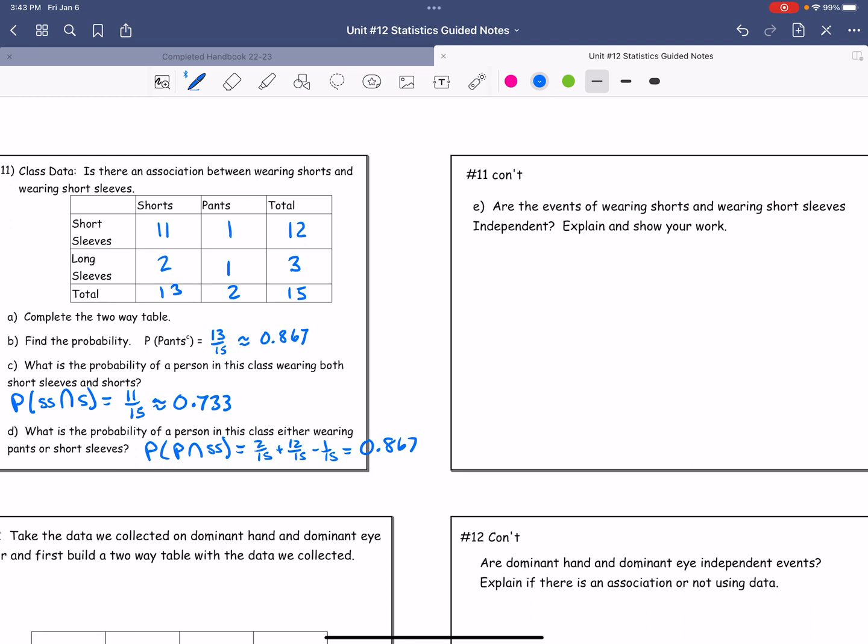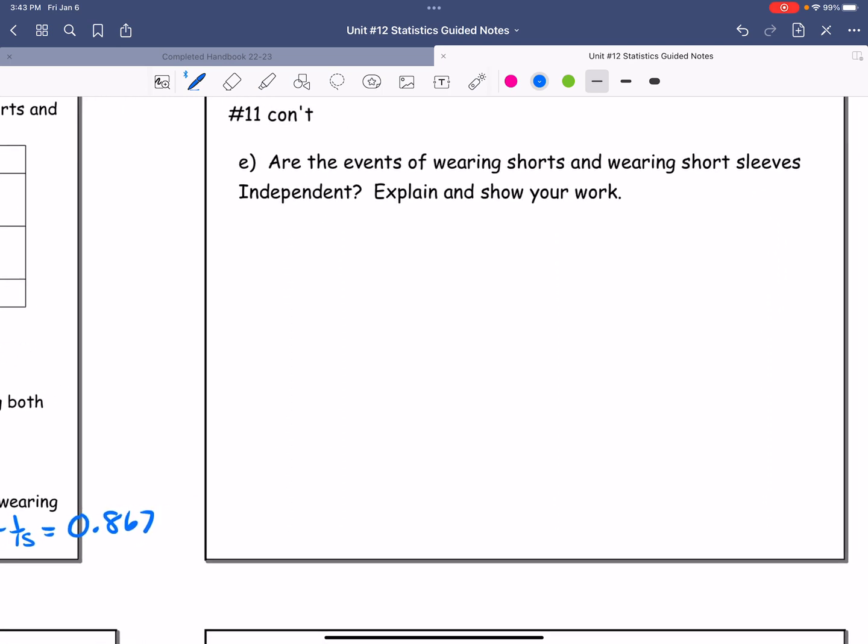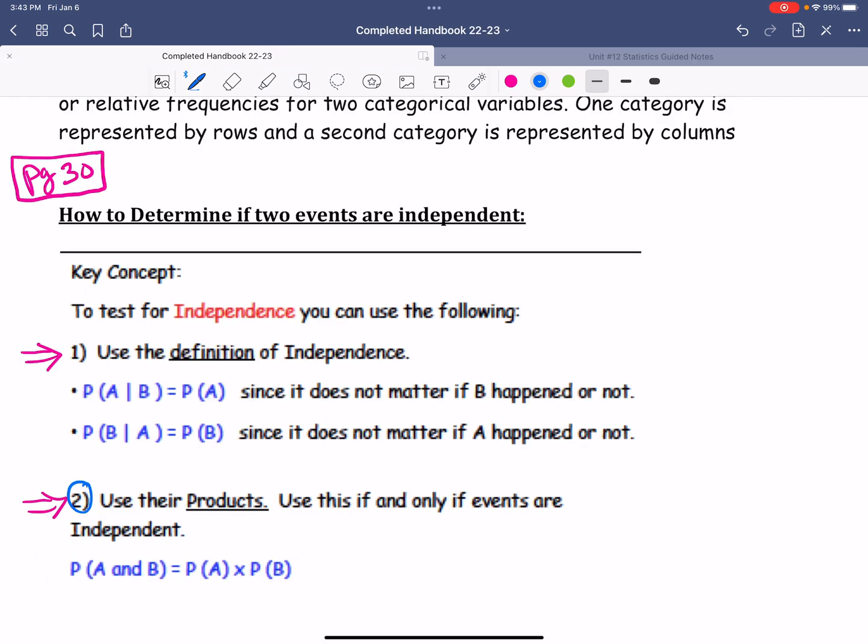Okay. Are the events of wearing shorts and wearing short sleeves independent? If you think about that one, I have a theory. I would think that they would be dependent because it seems like if I'm wearing short sleeves, then I'm probably going to be wearing shorts. Not always, but what we could do is run the stats and see if the class data would make the events independent or dependent. So let's use the two definitions.